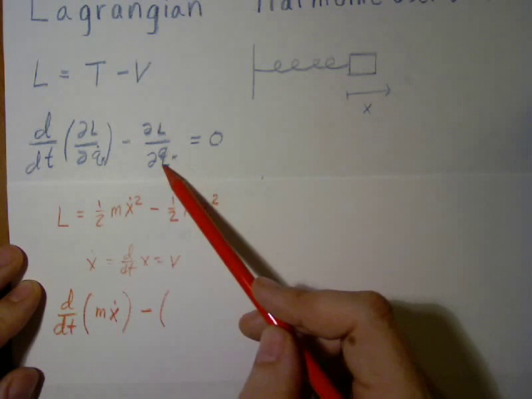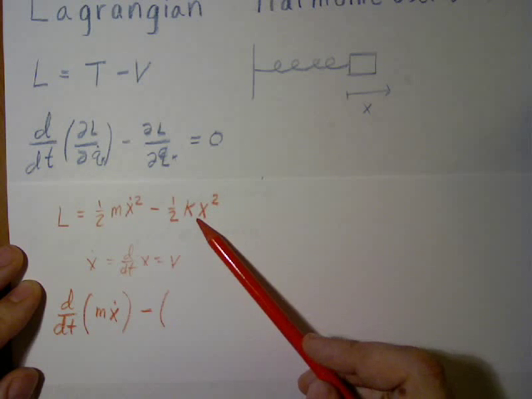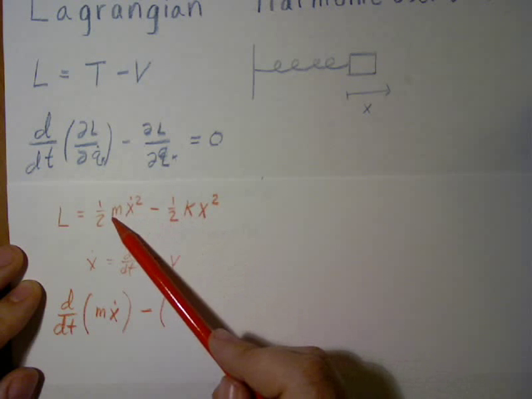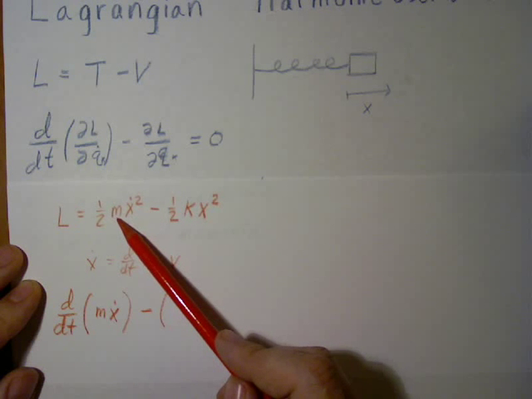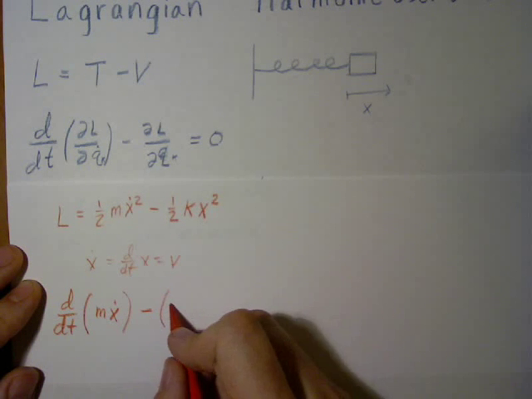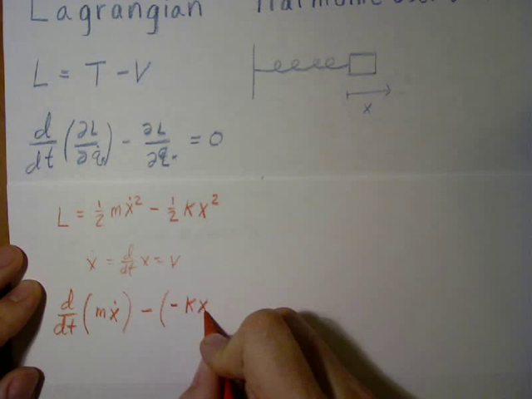the partial derivative of the Lagrangian with respect to x. So that means we ignore this one. We only pay attention to this one, because this does not have an x, only has an x dot. The partial derivative of this with respect to x is negative kx.